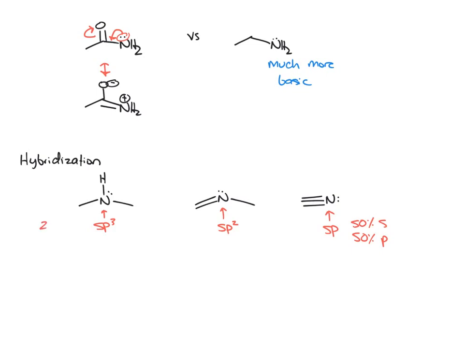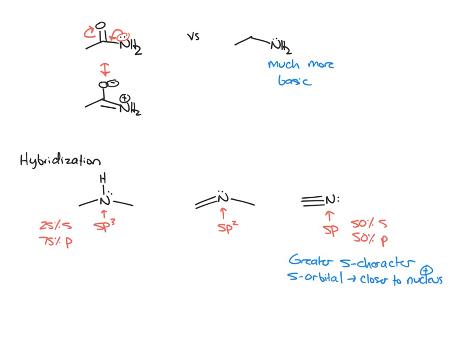sp3, 25% S character. It's a 75% P character. Now remember the way to think about this. Let's go down here to the far right where we have the most S character. We have greater S character. Remember that the S orbital is closer to the nucleus, which is positively charged.